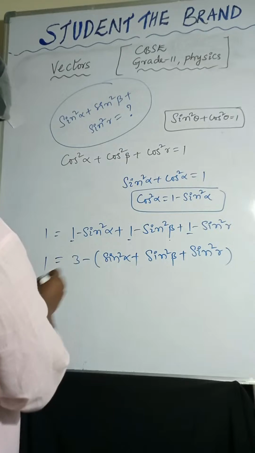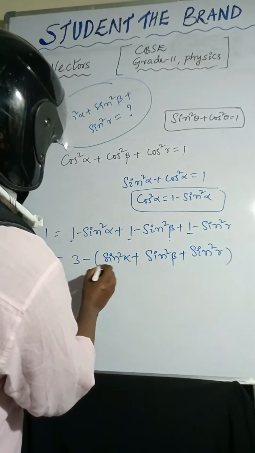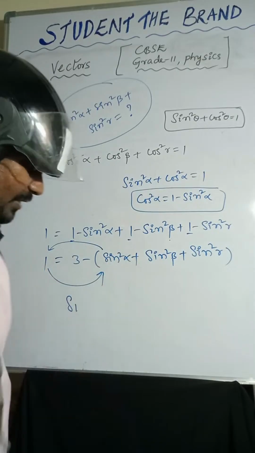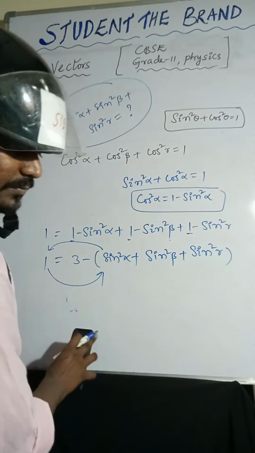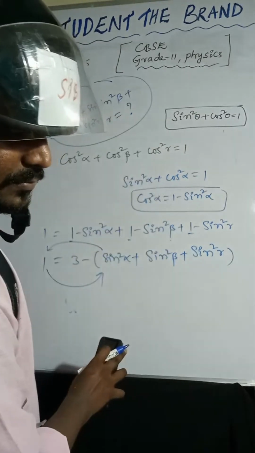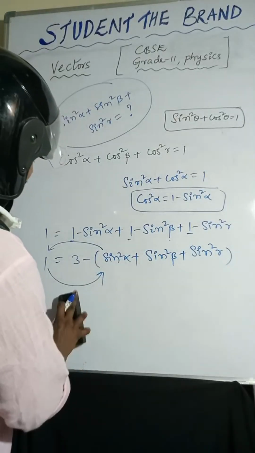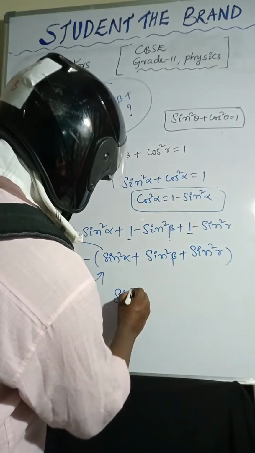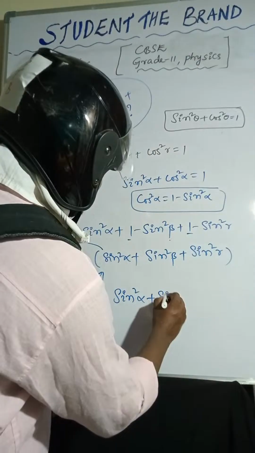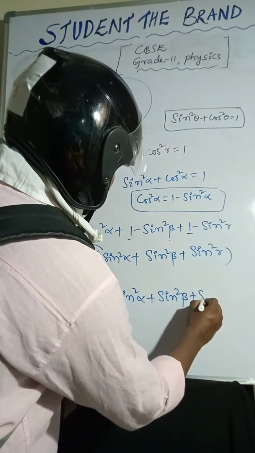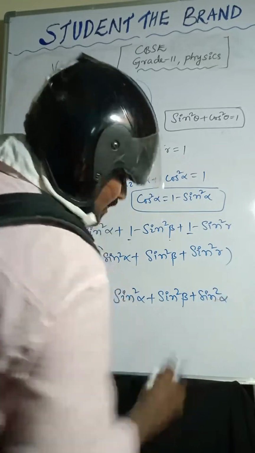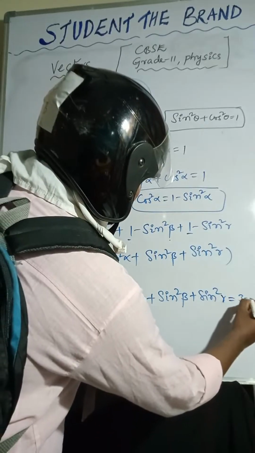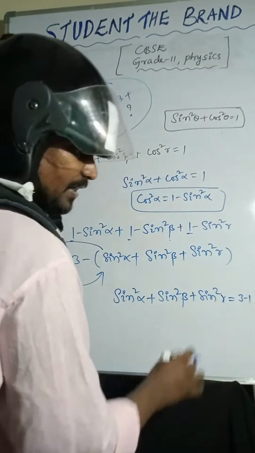So better you take this side and 1 this side, then sine square alpha plus sine square beta plus sine square gamma equal to 3 minus 1.